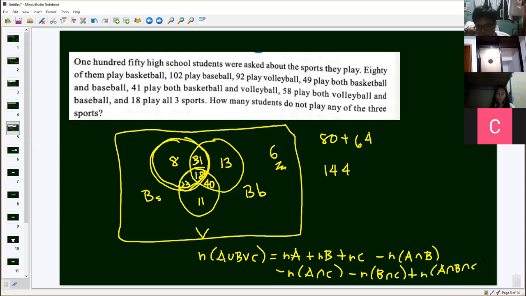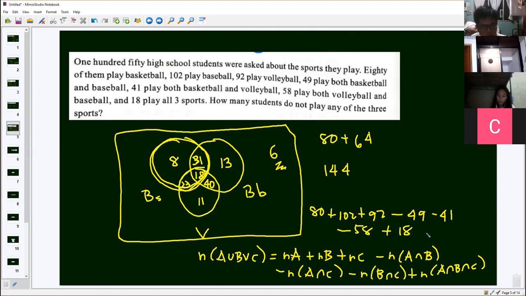As you can see, yan na yung mga numbers na nakikita nyo dyan. So all you need to do is math arithmetic. 80, tapos 102, plus 92, tapos minus yung dalawahan, 49, minus 41, minus 58, and then plus 18.